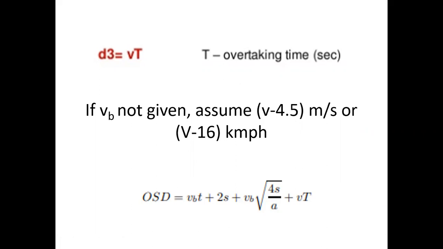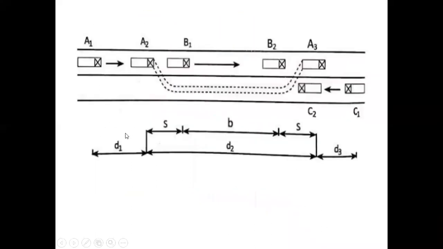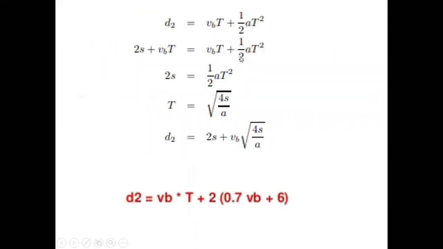Understood? Now, a very, very important point to be noted. Sometimes they just give the design speed and say all other data should be assumed as per IRC. In that case, the design speed is the speed of vehicle C, but you do not know the speed of vehicles A and B. So how will you calculate V suffix B?